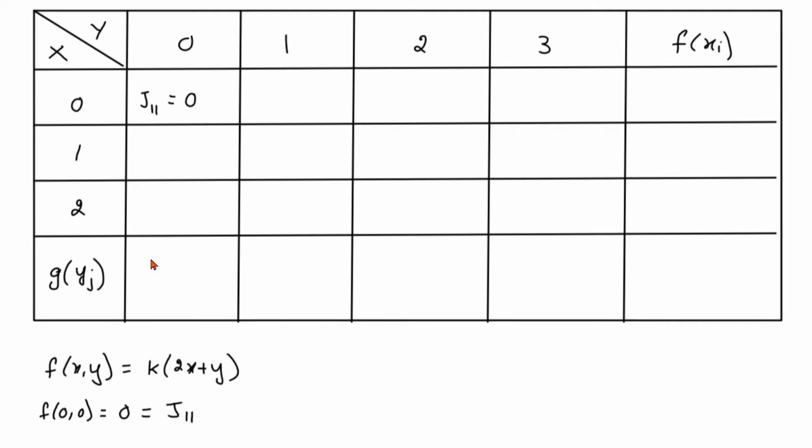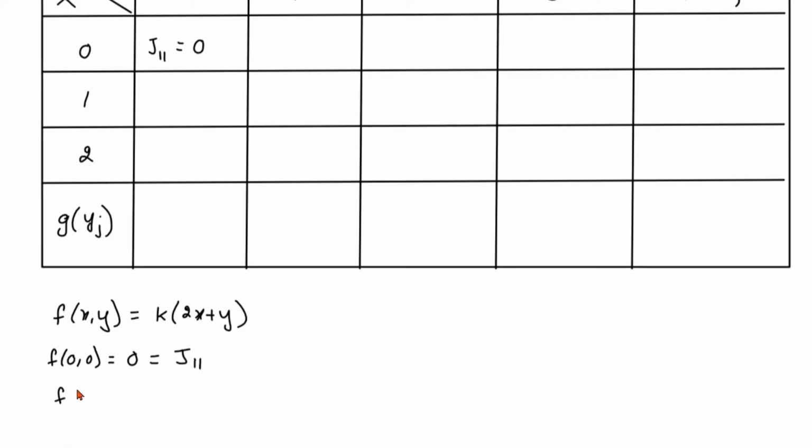The next value is f of 0 comma 1. X value is 0 and y value is 1. If you put that value there, you'll get k times 0 plus 1, so the value is k. This value is j12, so j12 equals k.